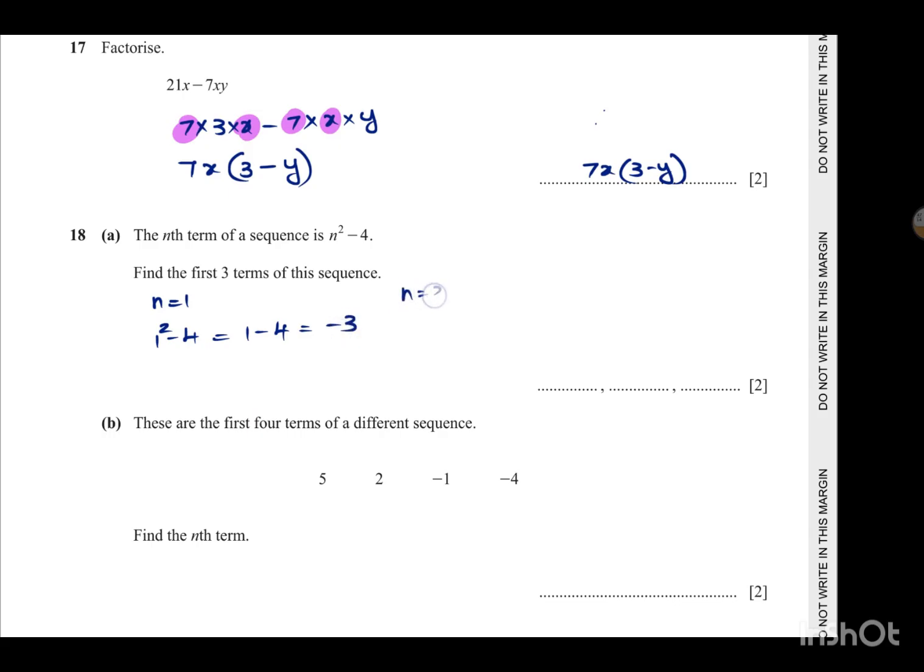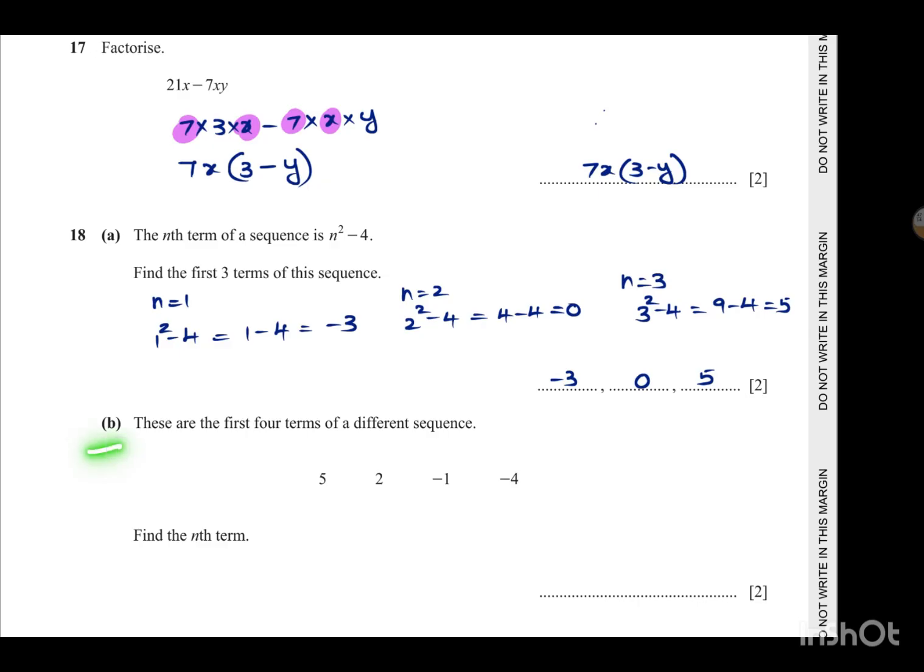When n is equal to 2, 2 square minus 4, that is 4 minus 4 is equal to 0. When n is equal to 3, 3 square minus 4, sorry, it is not cube, square. 3 square minus 4, that is equal to 9 minus 4, 5. So first term is minus 3, second term is 0, third term is 5.